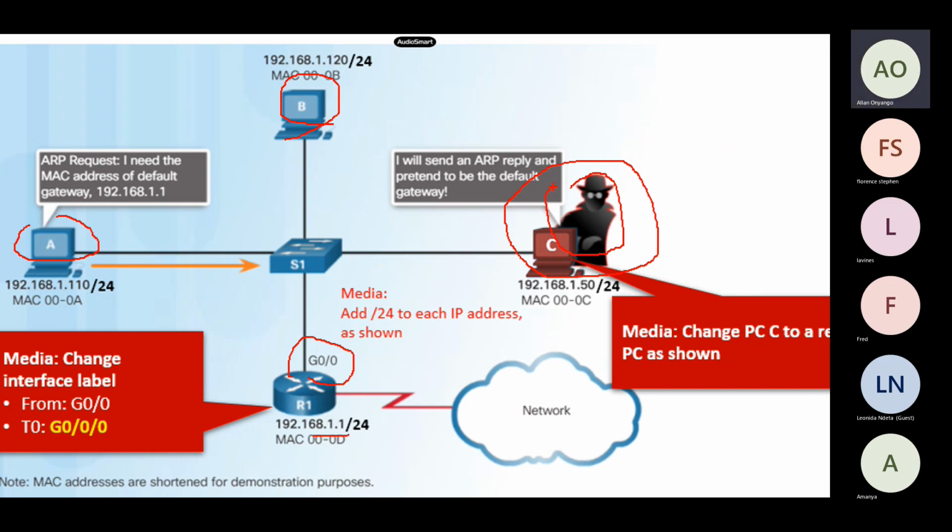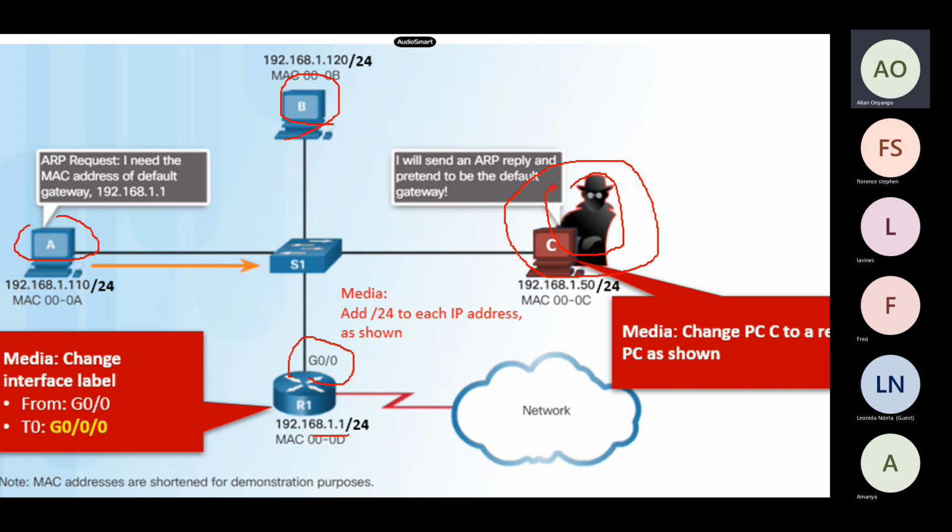The hacker, even before the router responds, is going to send an ARP reply back to PCA, pretending to be R1, which is the default gateway. And so PCA is going to store that information in its ARP table: the IP of R1 and the MAC address of the hacker's computer.